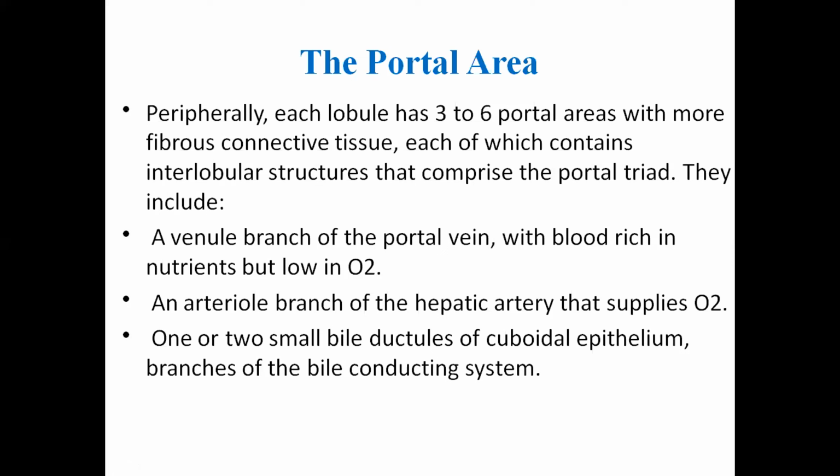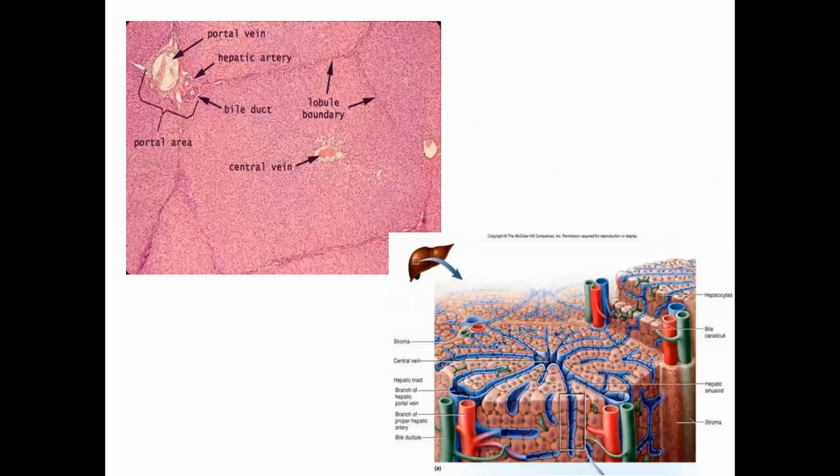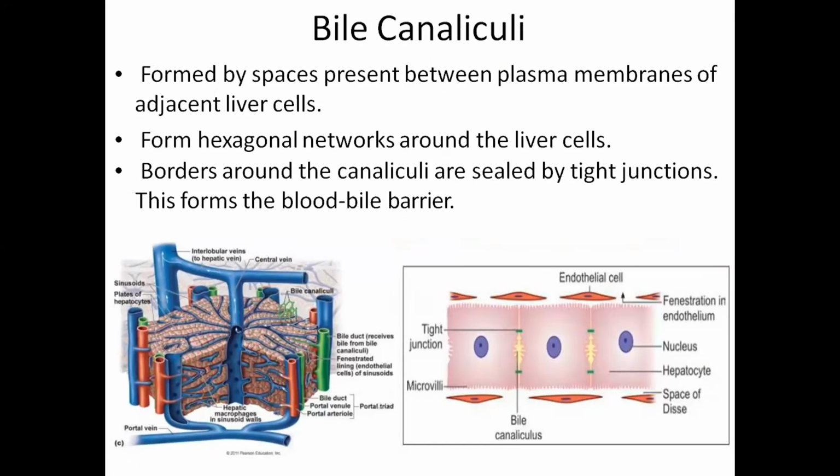These are the branches of the bile conducting system. So here are the portal areas which contain the portal triad: terminal branches of the hepatic artery, portal vein, and the hepatic ductules.